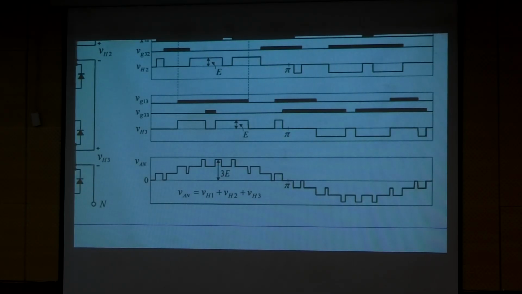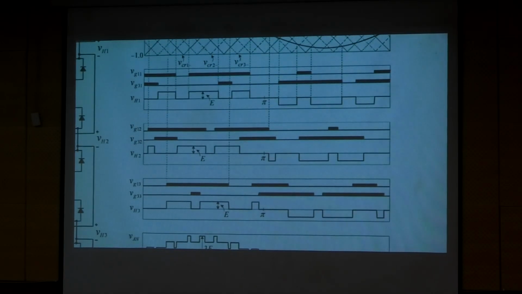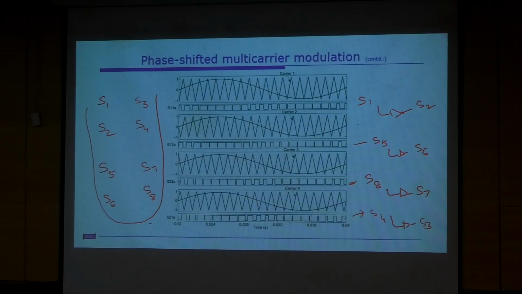Understood? And another interesting thing to observe is that all the pulses are the same, because the carrier signal is the same and the modulating signal is the same.